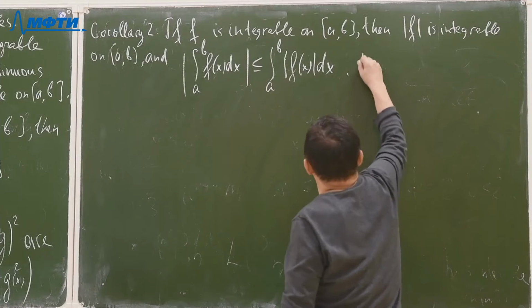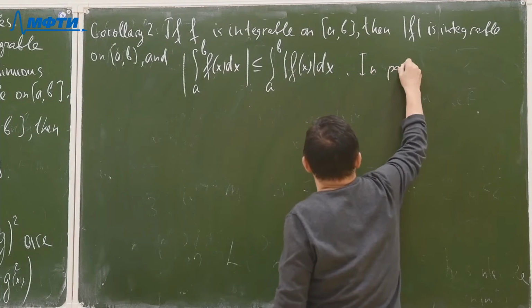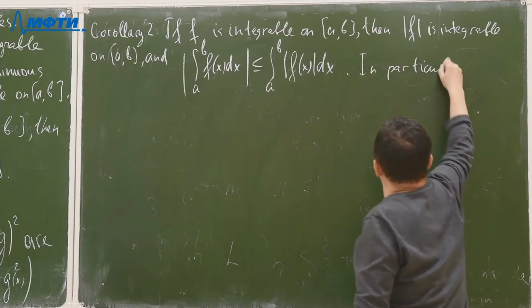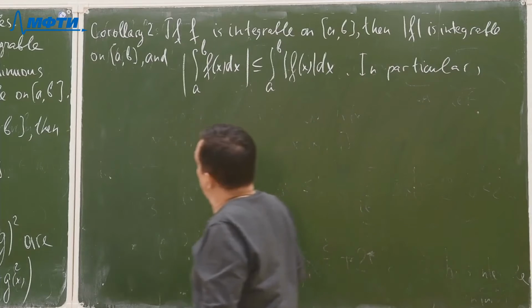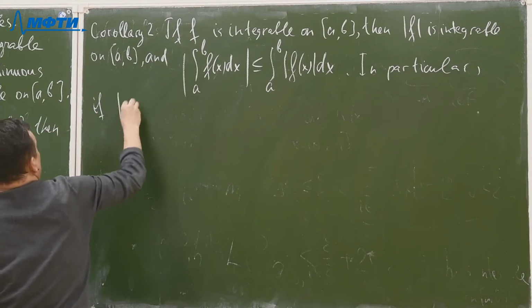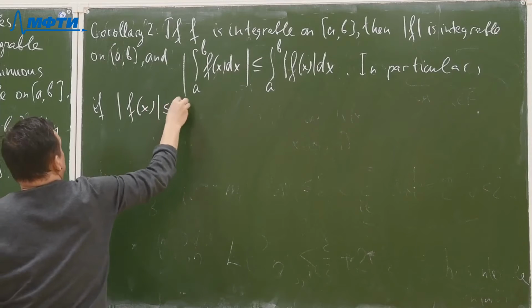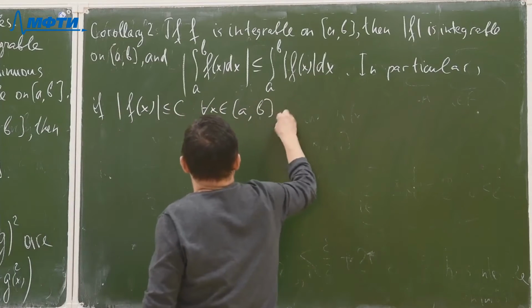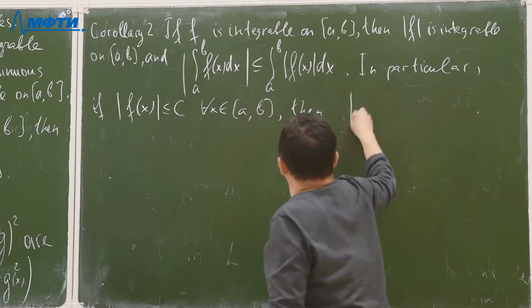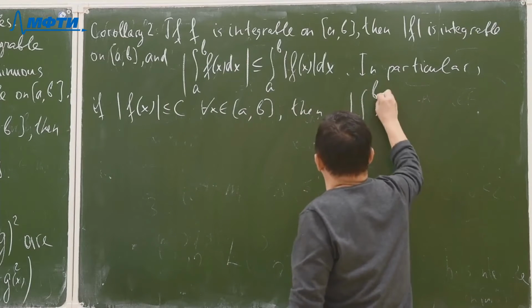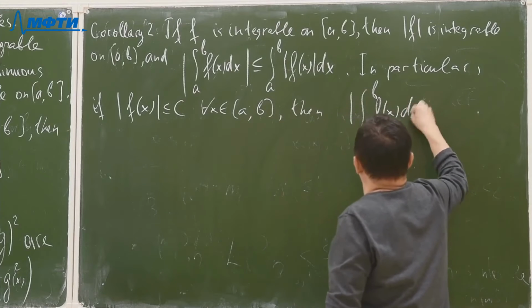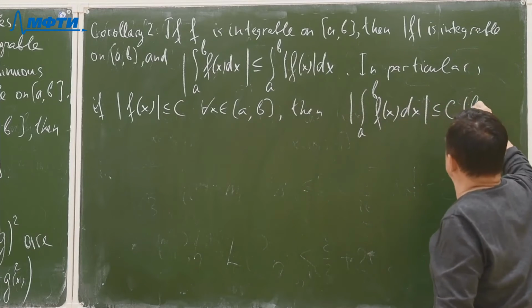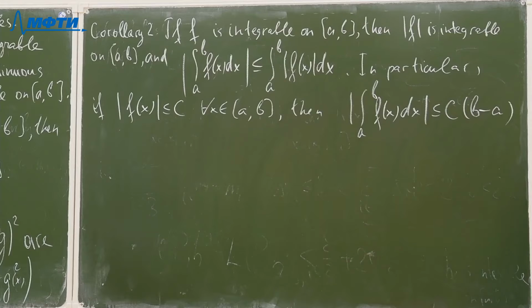In particular, if modulus of f of x is less or equal than c for all x in AB, then the modulus of the integral can be estimated by c times b minus a. That is a rough estimate for an integral.